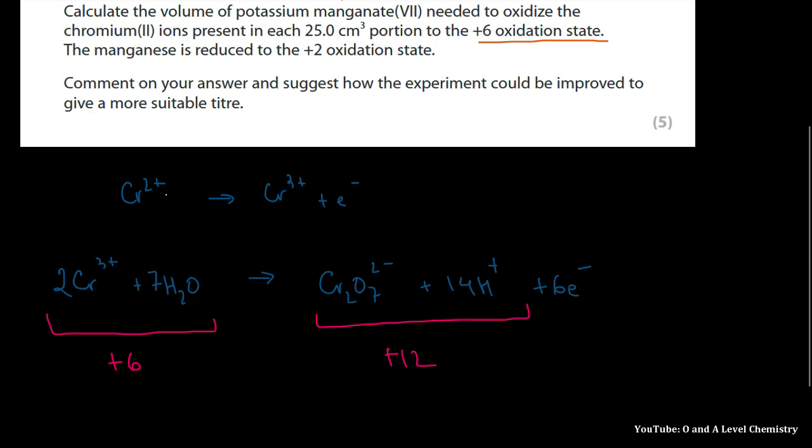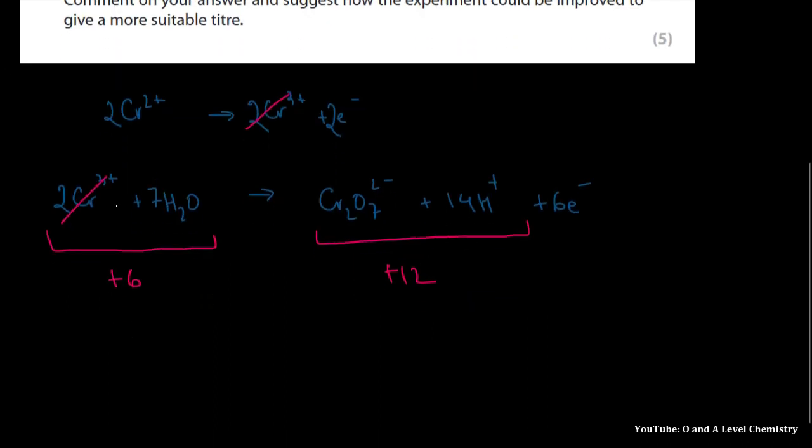If I'm coming from +2 all the way to +6, I need to balance this as well. So I need 2 Cr2+, 2 Cr3+, and 2 e-. Now the overall equation for this half equation: the 2 Cr3+ are going to cancel. So I'm going to add them up. 2 Cr2+, adding all the left-hand sides together, I do not have any Cr3+ on the left-hand side anymore.